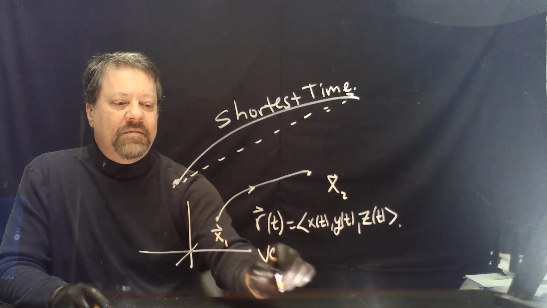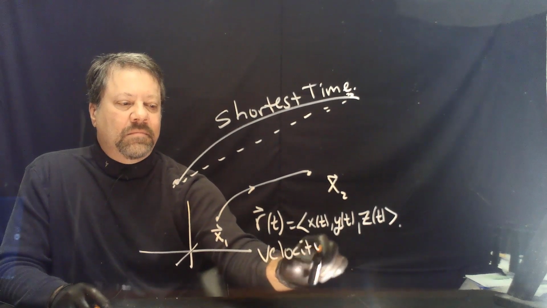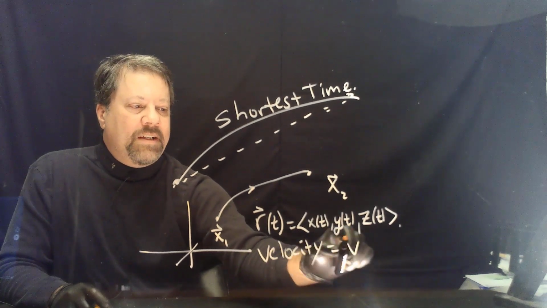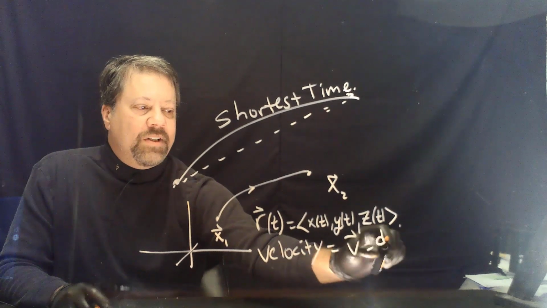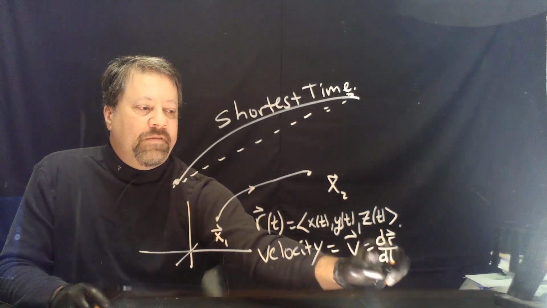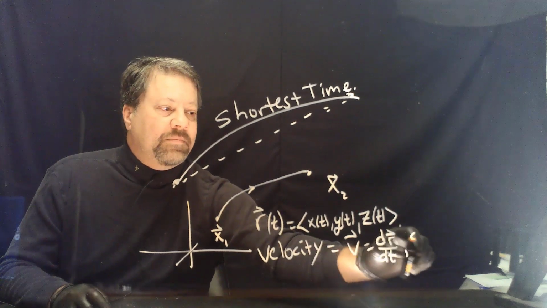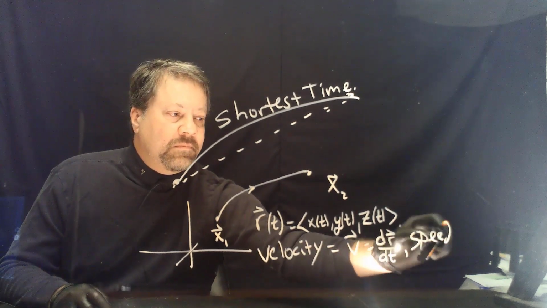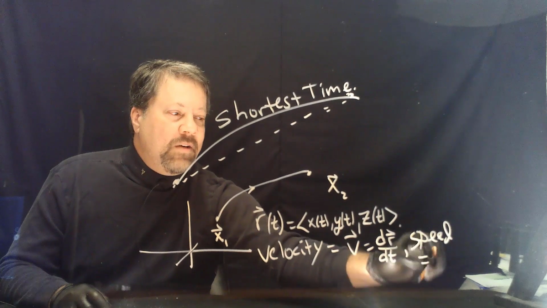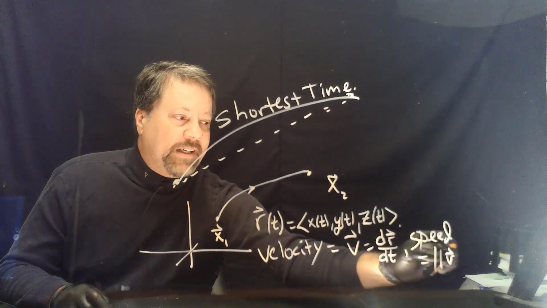The velocity will be denoted by the vector v, which is the derivative of the position vector, and this speed is the norm of the velocity vector.